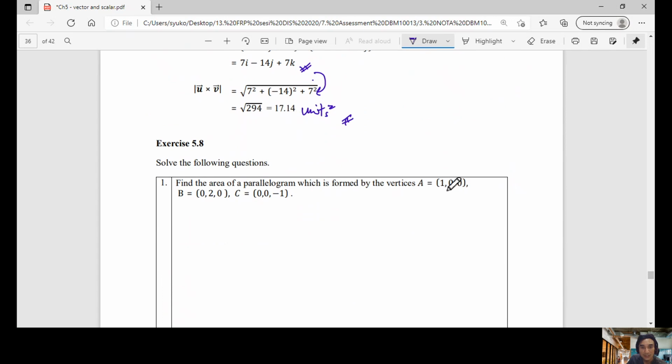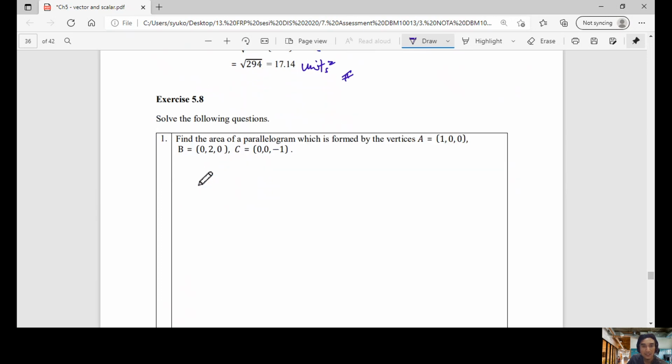Okay, so let's look at example 5.8, solve the following equation. So let's do question number 1. Find the area of parallelogram.